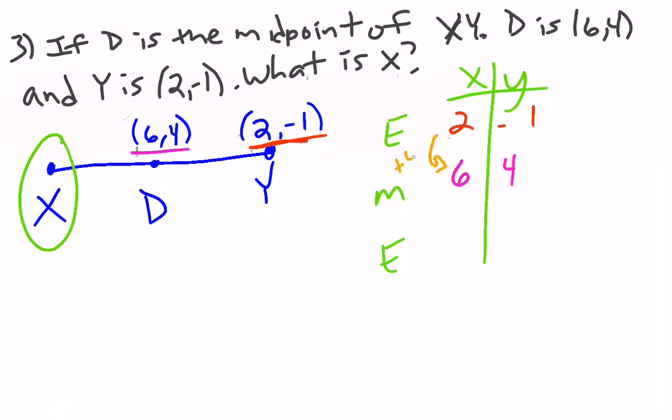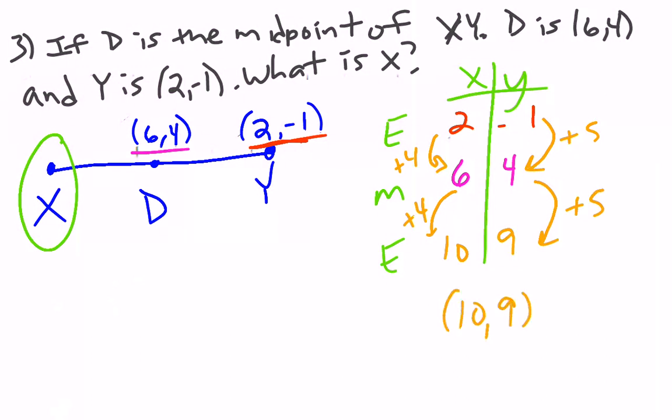We add 4. So 6 plus 4 would be 10. How do you go from negative 1 to positive 4? Careful. Positive 5. 4 plus 5 is 9. So my other endpoint, or point X, is 10, 9.